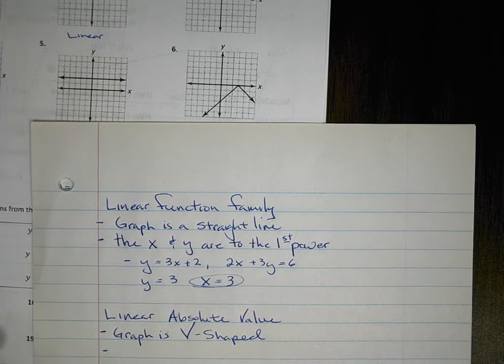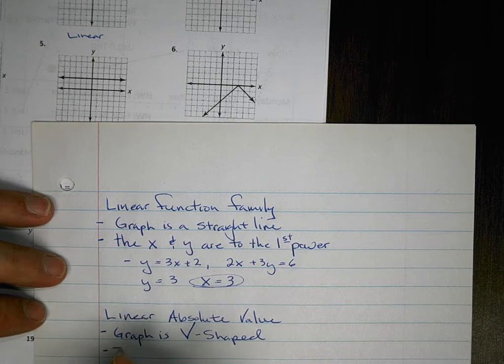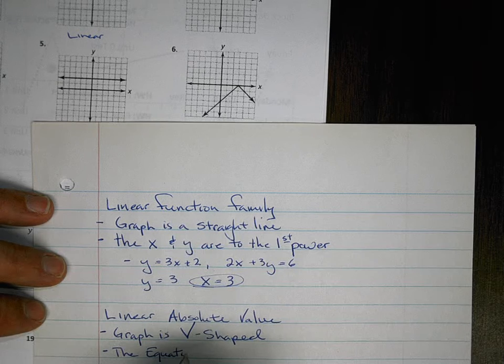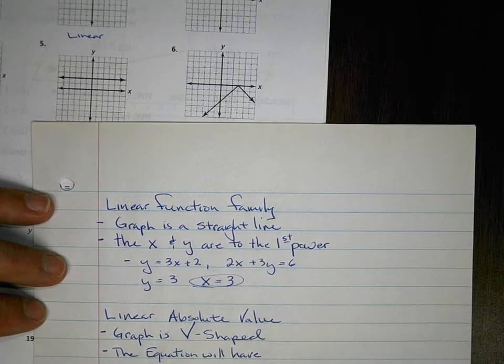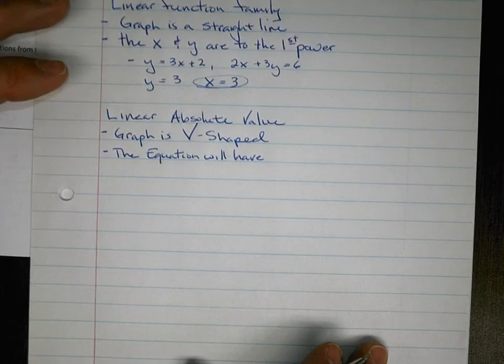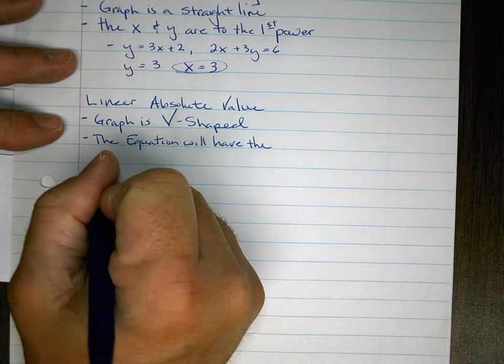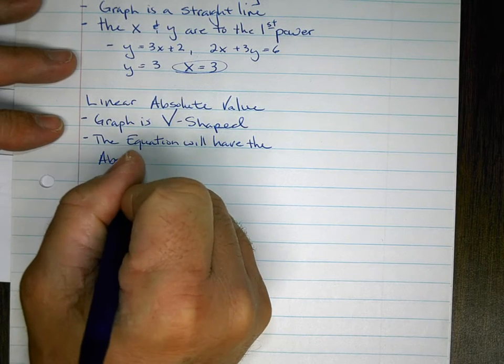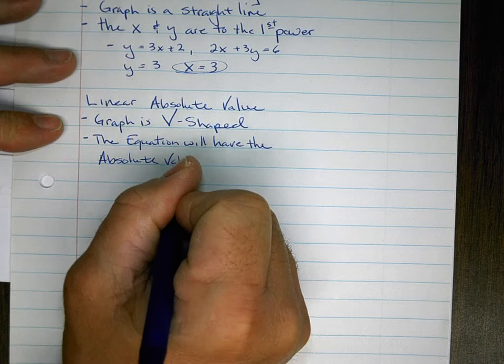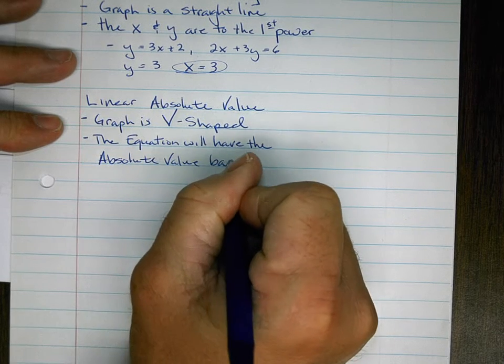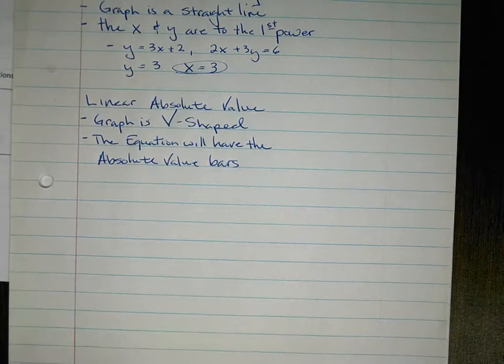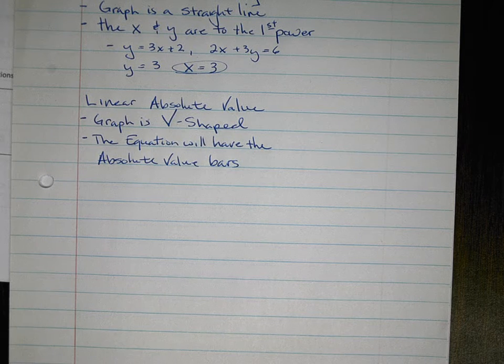The equation will have the absolute value bars, right? So we're not very clever in our naming of these function families, are we?